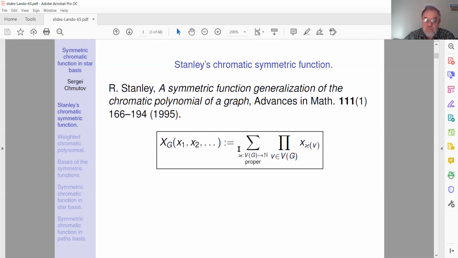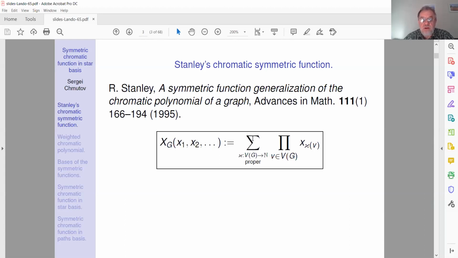The terms being summed are the product over the vertices of the graph of x with a subscript, the color of a vertex. Altogether, this is a monomial of degree the number of vertices. So the number of x's in the product is the same as the number of vertices of the graph. And I'm summing over all such colorings, which are going to be proper.